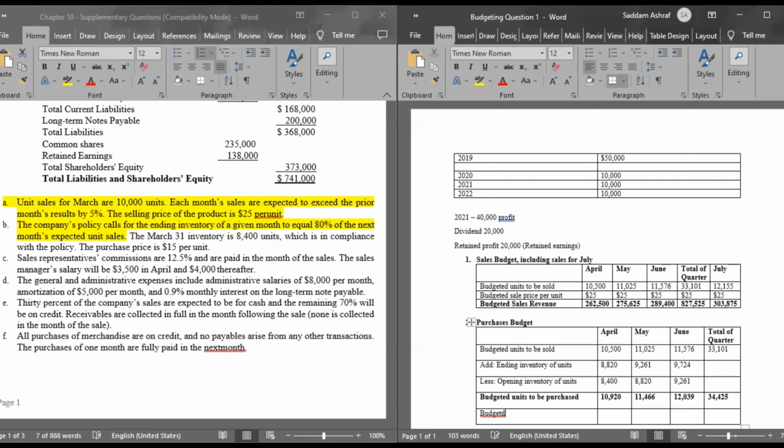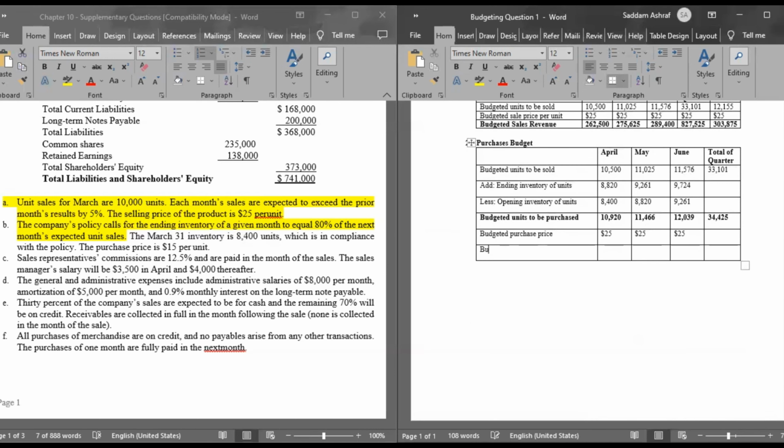So the budgeted purchase price is $15 per unit, and the answer will be budgeted purchases for the second quarter.